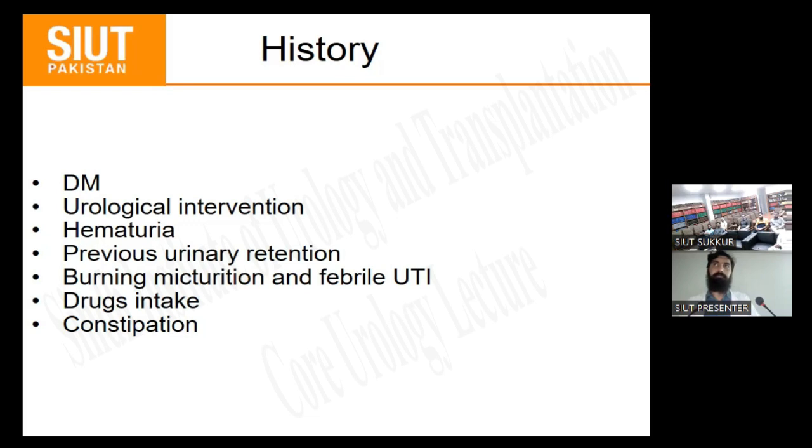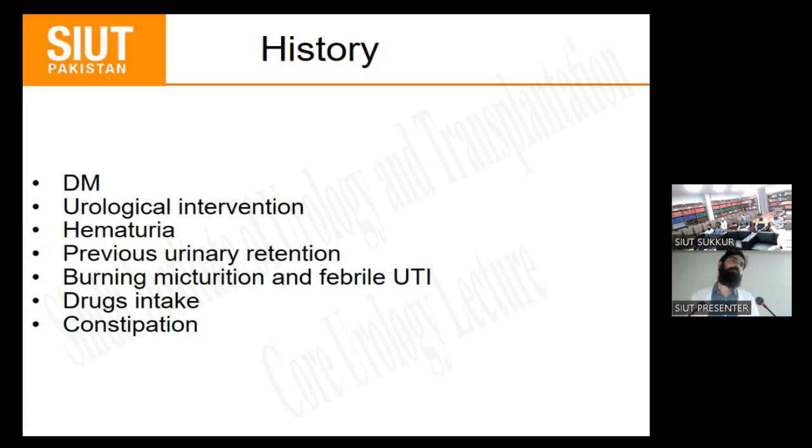Anyone who can tell me the IPSS score confidently? This is the IPSS score. The IPSS score is the core of lower urinary tract symptoms. You cannot move ahead without this. The IPSS score basically comprises 8 items: 7 are symptoms and one is a question related to quality of life.